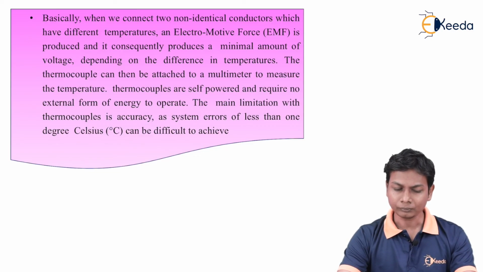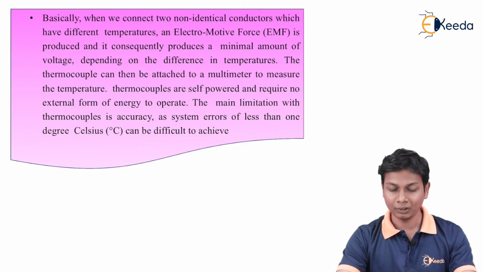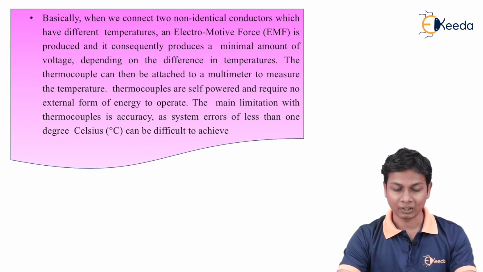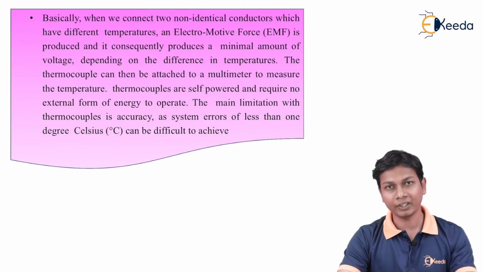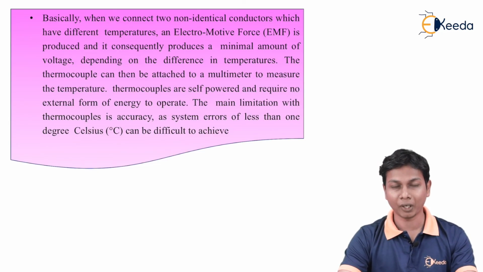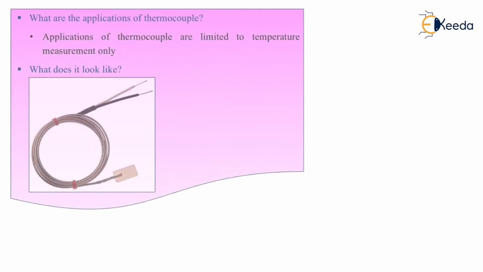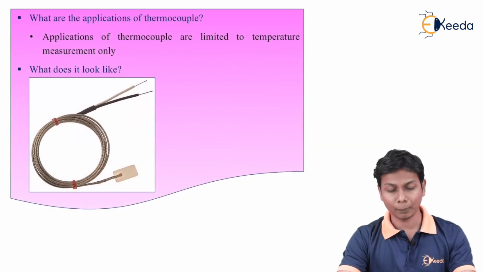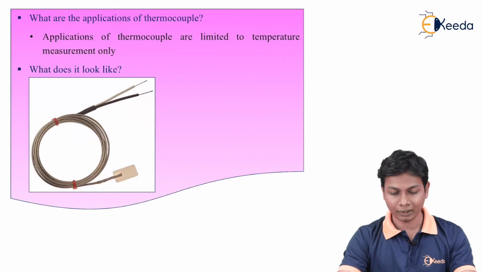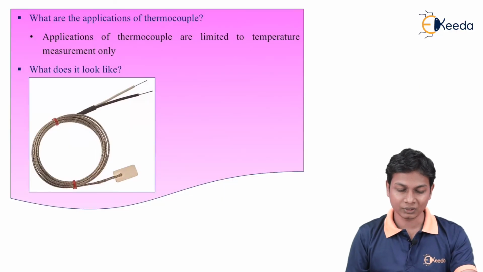So in the thermocouple, electromotive force is generated from the different temperatures, and it is a self-powered device which does not require an external power supply. Here are the applications of the thermocouple where a limited temperature range has to be used. Here you can see a thermocouple photo.